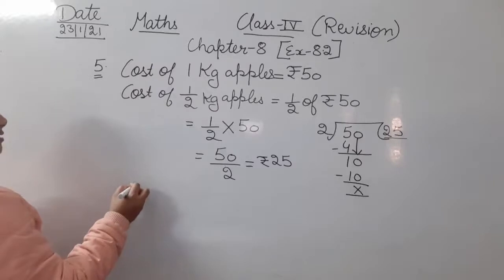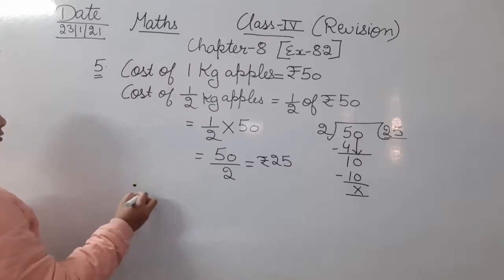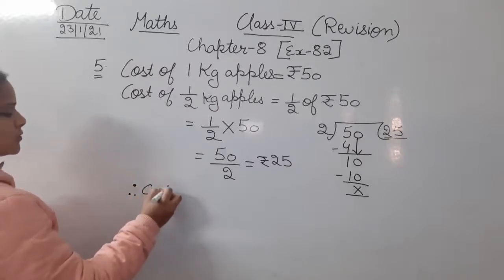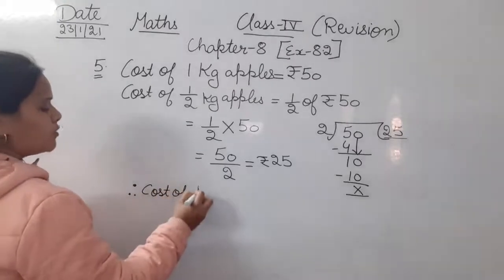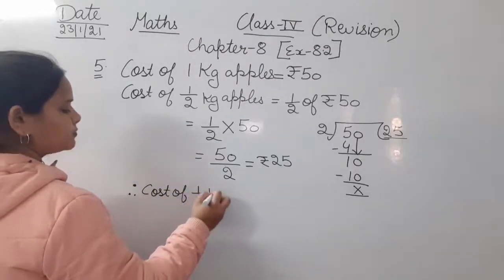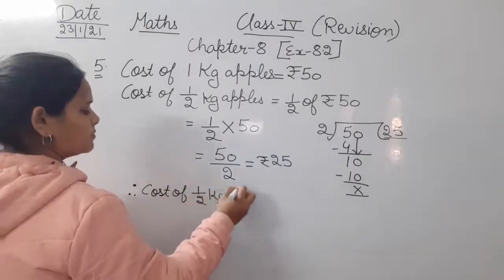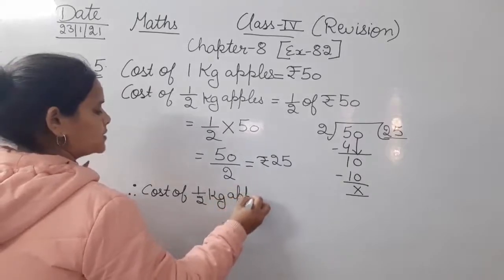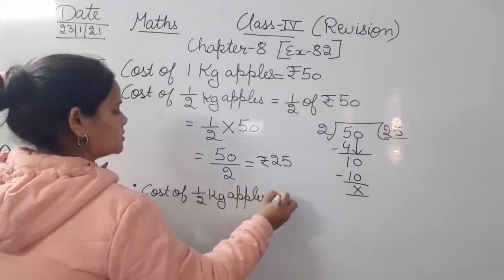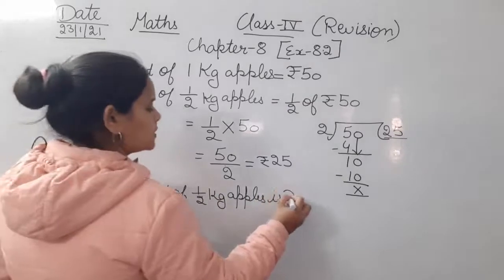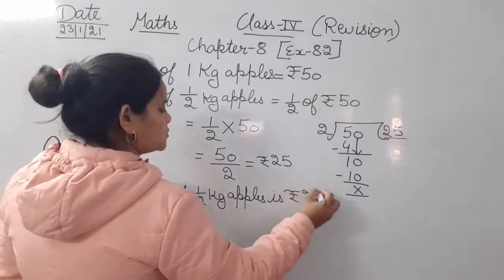At last, write the solution sentence. Therefore, the cost of 1/2 kg apples is rupees 25.